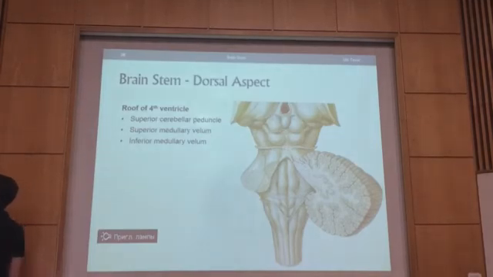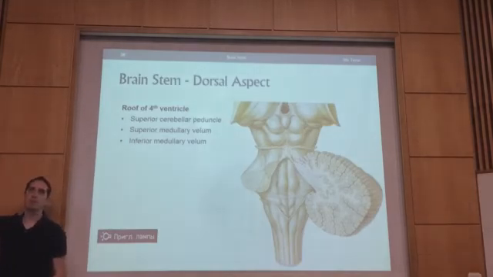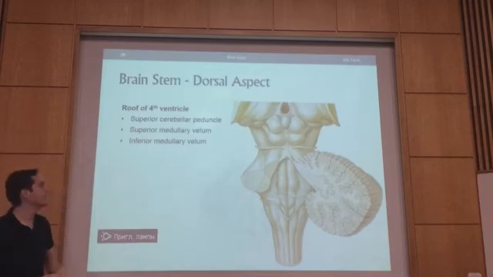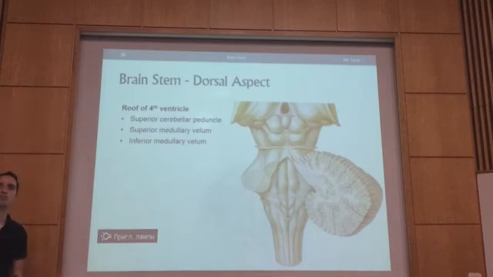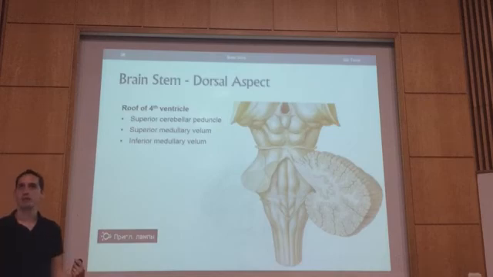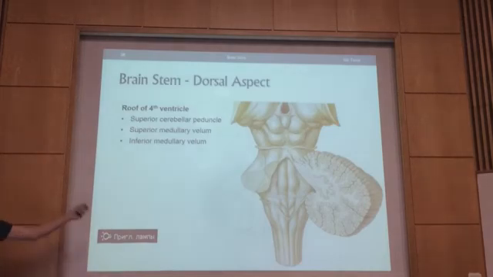There's the flocculus of one side, and the flocculus on the other side. And the nodule is connected to the flocculus by an inferior medullary velum, if you remember the term. We can't see it here, but the inferior medullary velum is part of the roof of the fourth ventricle in the medullary triangle. We'll talk about it later when we talk about the ventricular system.